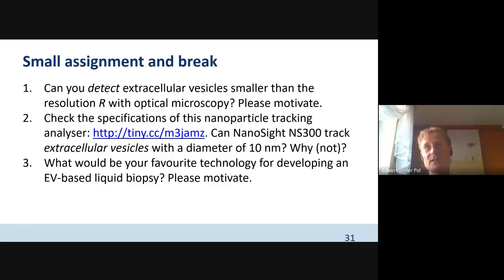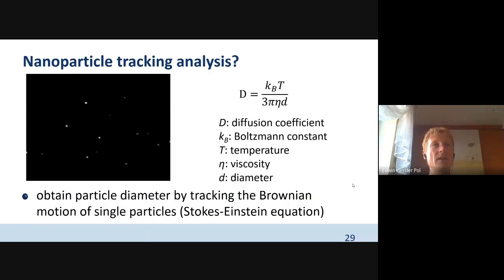The main reason is, and I will just give you some background information on this instrument and fluorescent labeling, that you want to track your particles for at least several seconds. You have seen this movie here on the screen. These particles are moving, and if you track them for several seconds, you can determine their diameter.